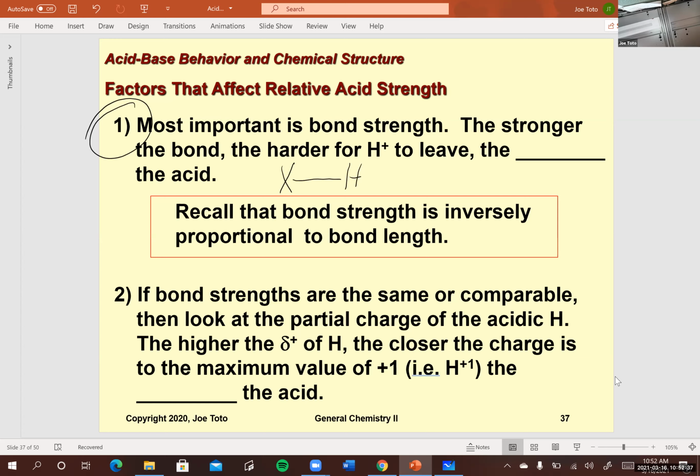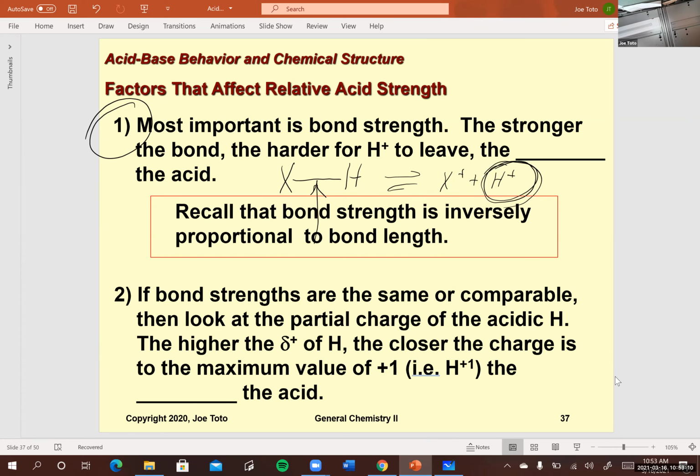So say HX is an acid, right? And I know that I'm going to form X minus in water plus H plus when that bond breaks. So wouldn't it make sense that the weaker this bond, the easier it is to break, the stronger the acid is, because then it's going to create more H plus.